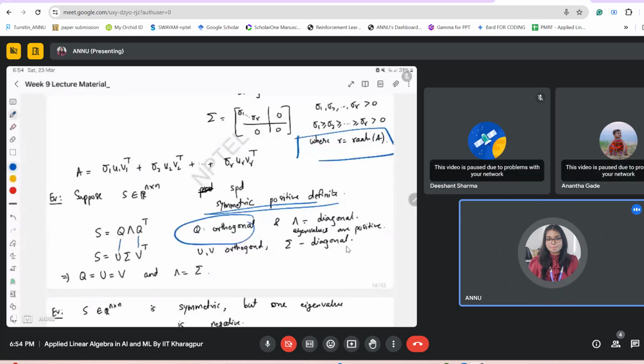So for a symmetric positive definite matrix, your singular value decomposition is the same as the eigenvalue decomposition, where this Q is actually U, and Q transpose is also V, and the sigma is actually this capital Sigma. Okay, so that is great to know.